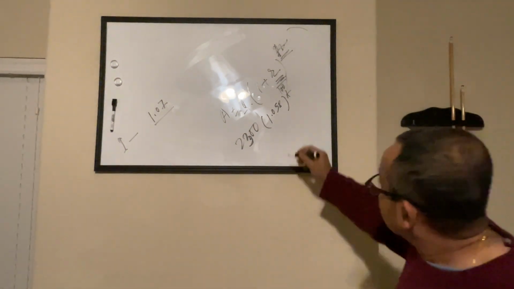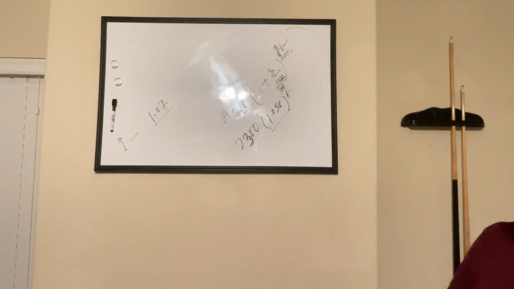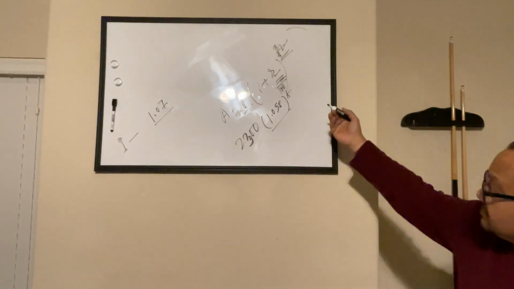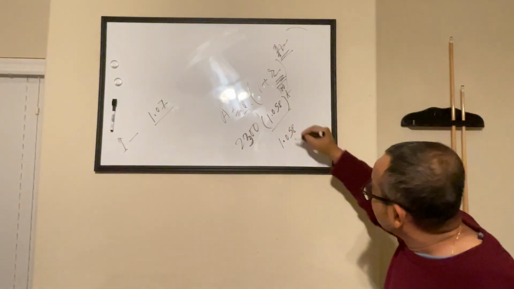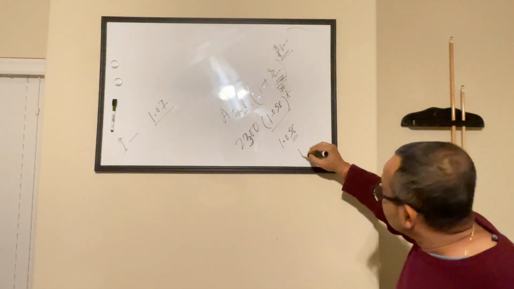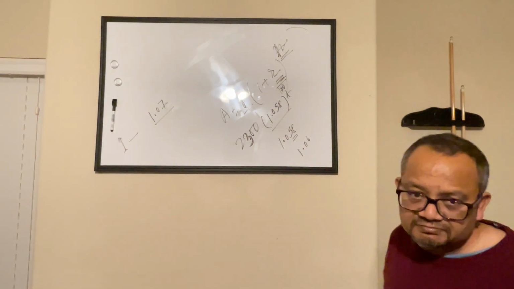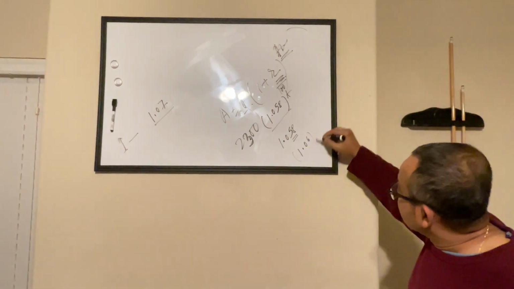See, here also you can do some approximation. Okay, let's look at 1.058. I will do rounding of this one, so I can safely say 1.06. It's asking for the nearest amount, right? After 2 years, what will the value be?